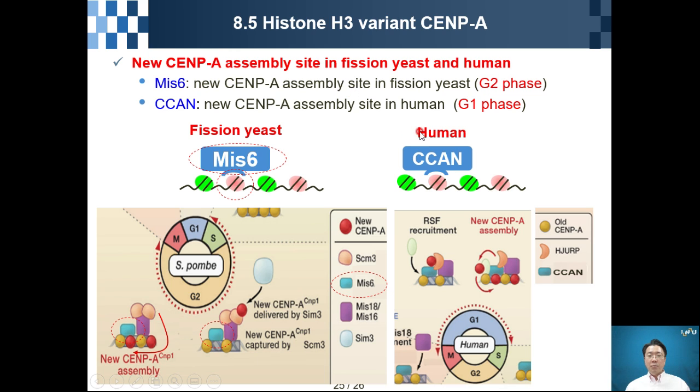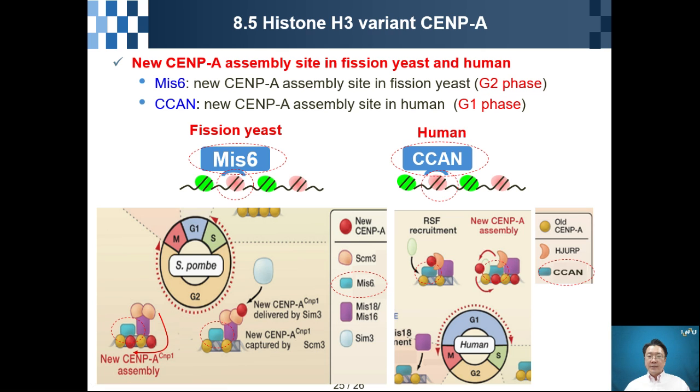So how about in human? In human, this is the CCAN protein. CCAN is located here and here, and you can see this site is the new CENP-A assembly site. Once again, in human, CCAN is the new CENP-A assembly site.